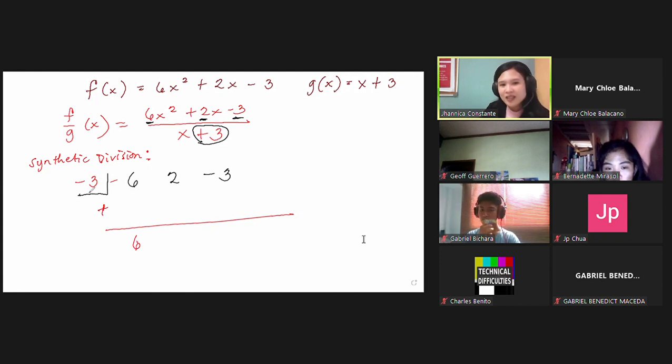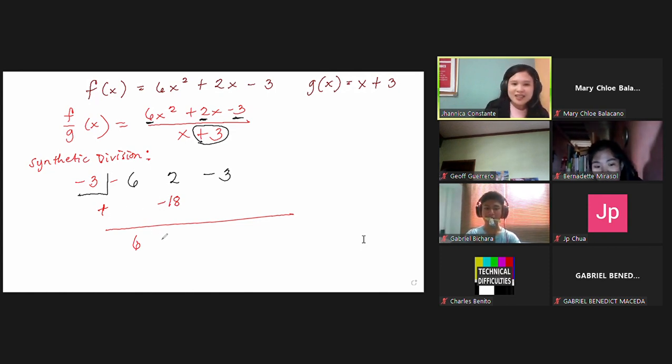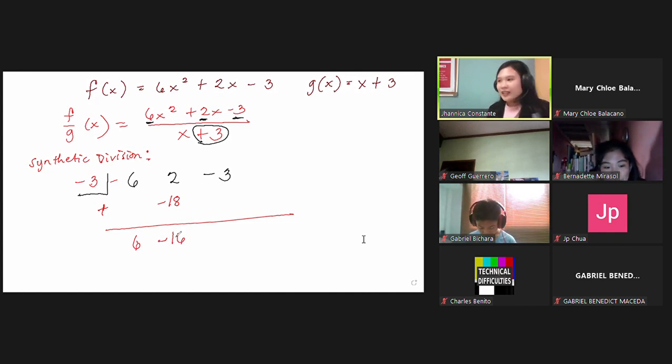Multiply 6 times negative 3 is equal to negative 18. Add 2 plus negative 18 is equal to negative 16. And then negative 16 times negative 3 is equal to 48.